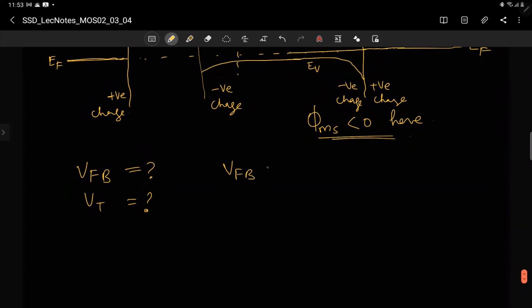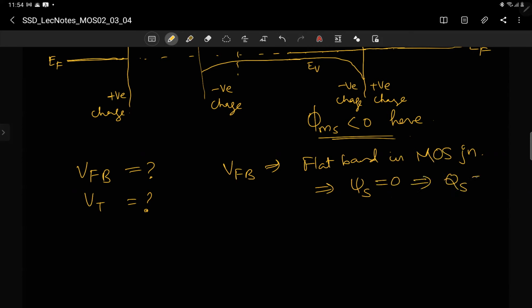VFB condition implies flat band in the MOS junction. Flat band in the MOS junction implies psi s is 0, because bands are flat means there is no drop across the semiconductor. If there is no drop across the semiconductor, it implies QS is 0, which implies the oxide drop psi ox equal to minus QS by Cox is equal to 0.